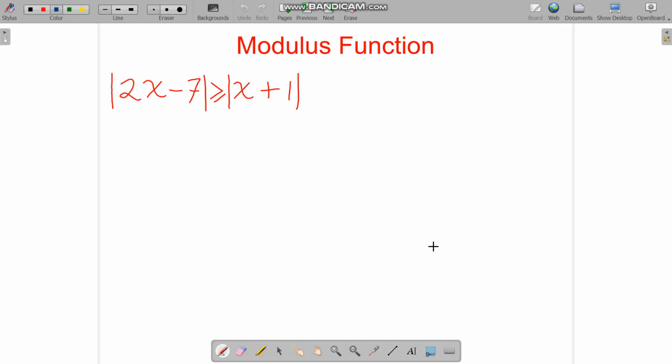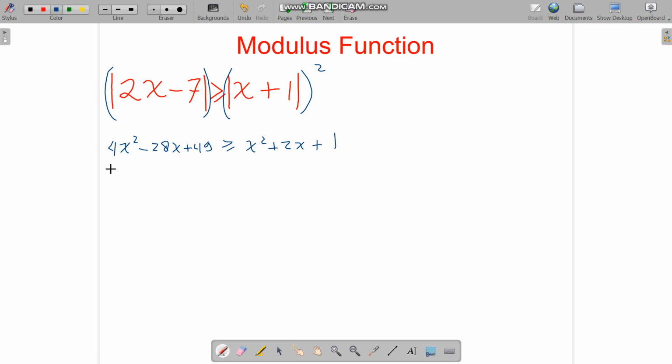Let's try another example. Again, just like solving modulus equations, we square both sides. We have 4x squared minus 28x plus 49 is greater than or equal to x squared plus 2x plus 1.